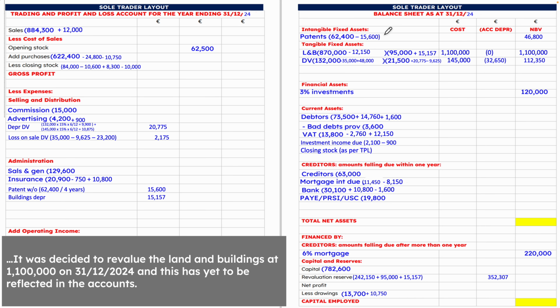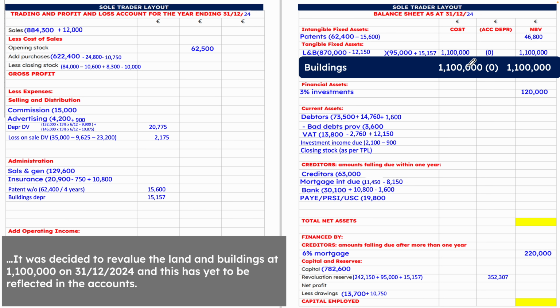Okay, so they want the land and buildings to be 1.1 million. Previously, we had that our land and buildings were worth 870 but minus the 12,150, and then all of this depreciation had taken place on these land and buildings.